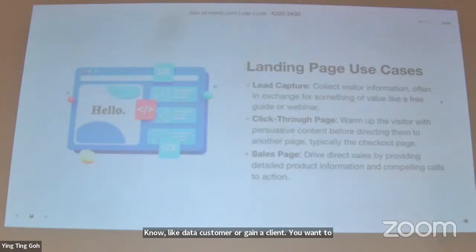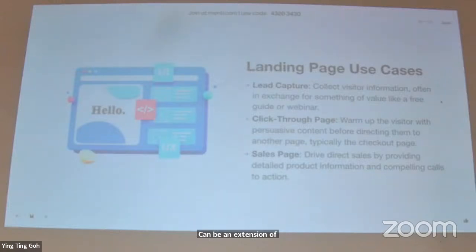So that's when you have a sales page. They typically tend to fall in any of these three categories. And then as an extension, maybe I'm going to display my portfolio, or maybe I want a single page website for what I do. It can be an extension of this, but focused around the objective.